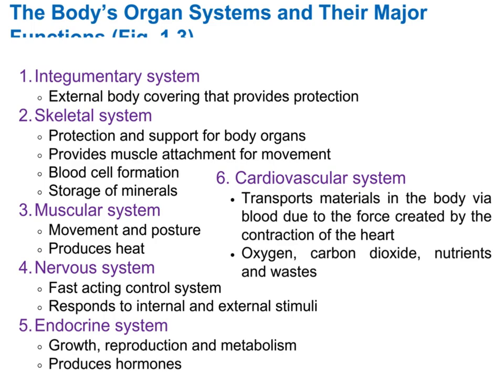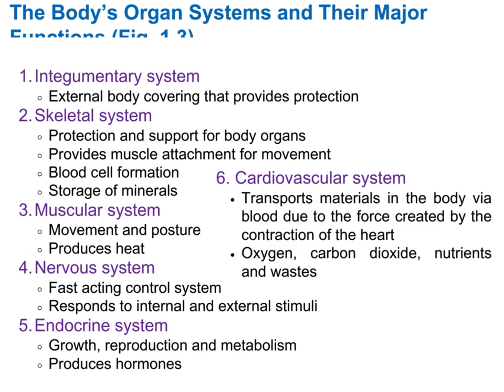Moving on and looking at the muscular system, that's where we see movement. It helps maintain posture, produces heat from small contractions. And then the nervous system, which actually innervates much of the muscular system, is really fast acting to control much of the body, including the muscular system and other organs. It responds to internal and external stimuli using electrical impulses.